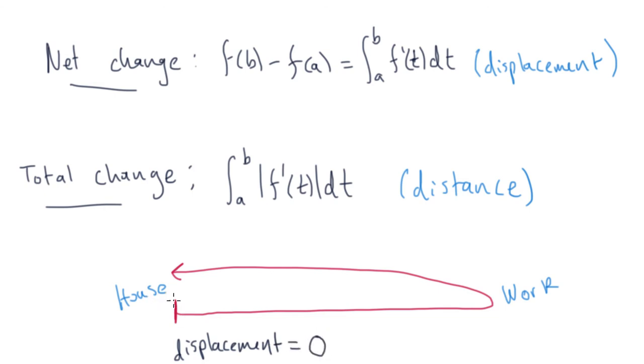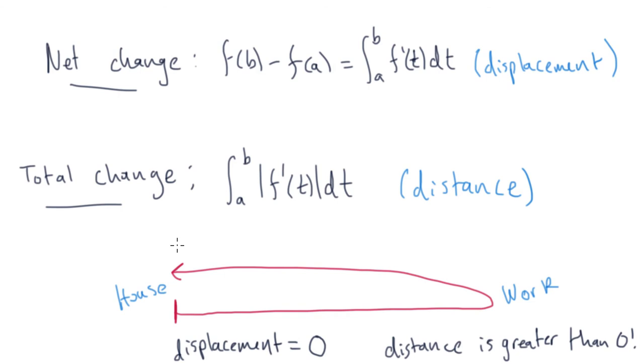Because I started and ended at the same point. But the distance that I traveled is not 0. It's greater than 0. Right? It's actually twice the distance from my house to work, because I had to go from my house to work and then from my work to my house. That's the distance I actually traveled, even though my displacement is 0.